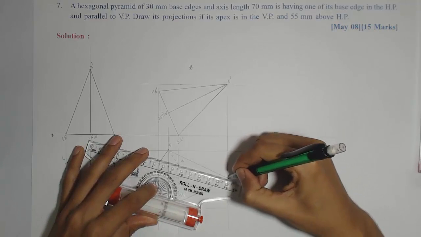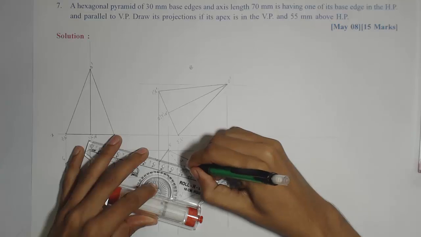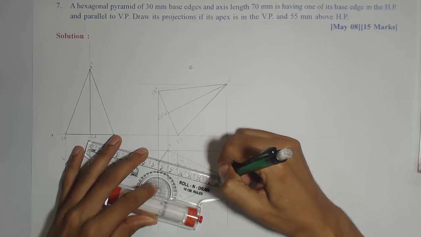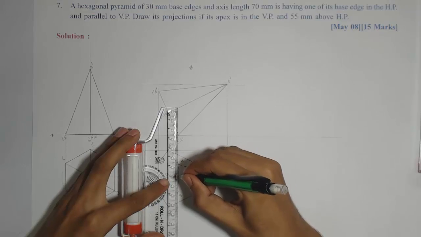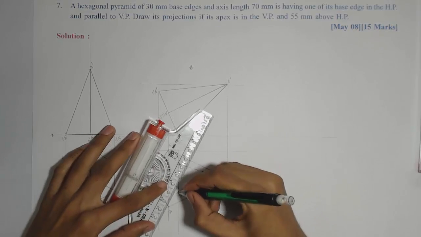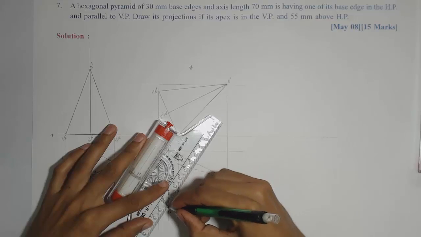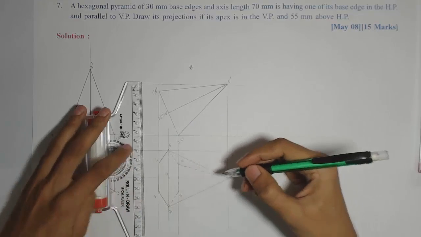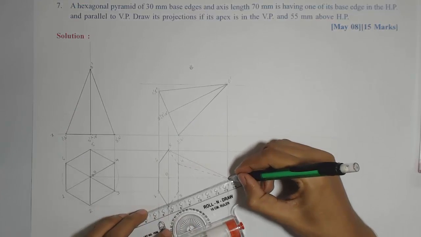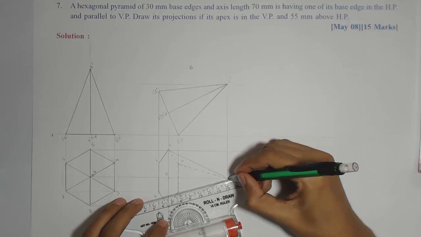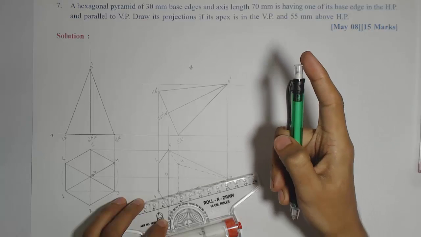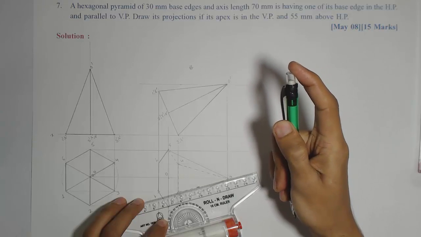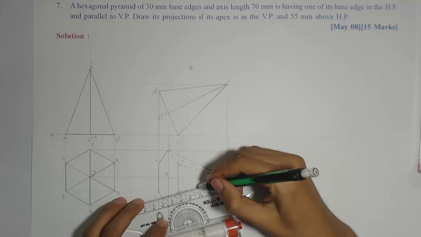Then O24, one of the slant edges, again dotted, not lying on the boundary. Then 3 to 4, one of the base edges, again dotted, not lying on the boundary. 2 to 3, because 3 and 4 are the farthest points from the observer, so all the edges starting from 3 and 4 will be marked dotted and will be kept dotted only if they are not lying on the boundary. That is one of the important rules of visibility.